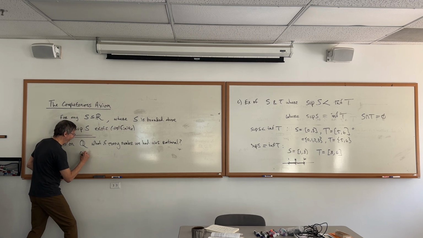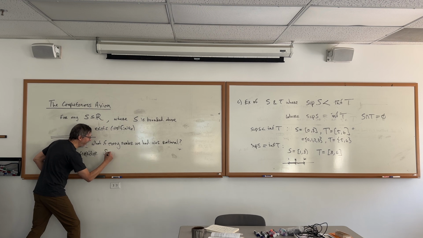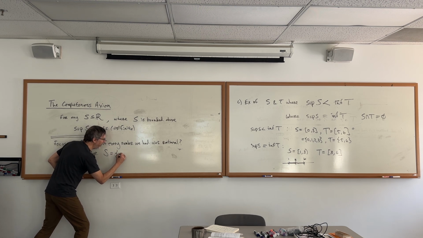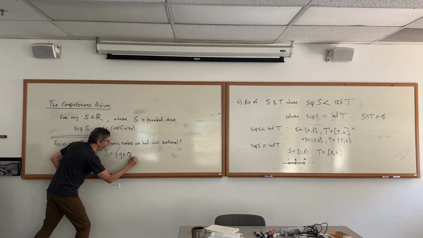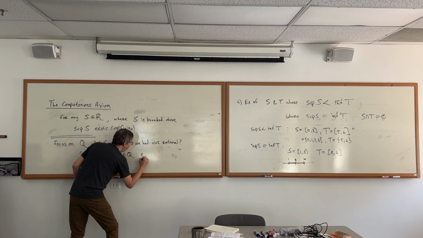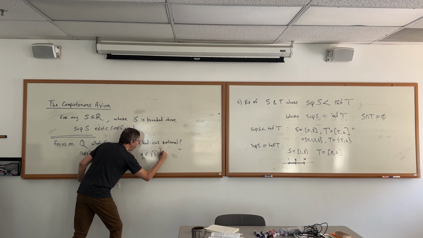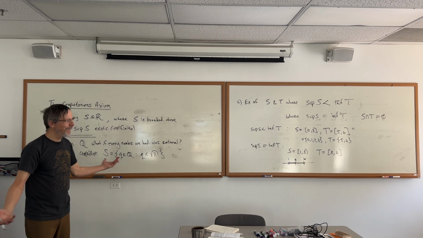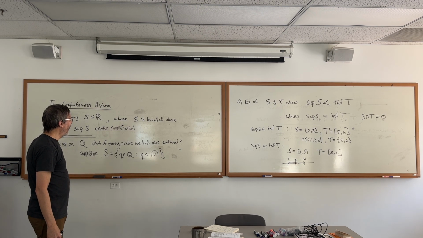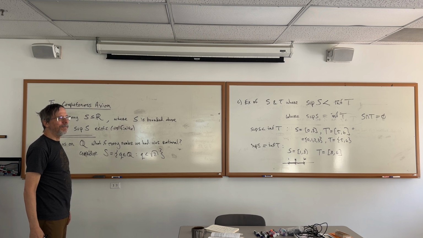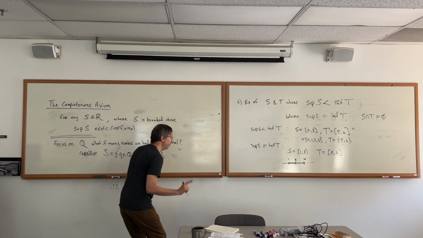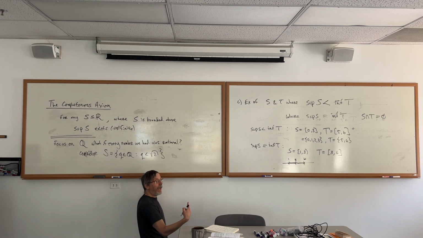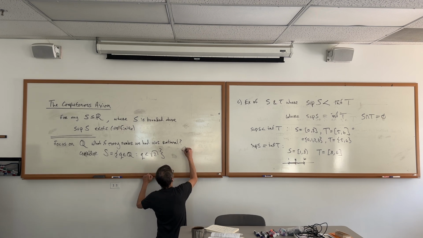Consider the set S equals the set of all q in Q such that q is less than the square root of 2. What's an upper bound? Square root of 2 seems like an upper bound. We can't get there. So square root of 2 is an upper bound.